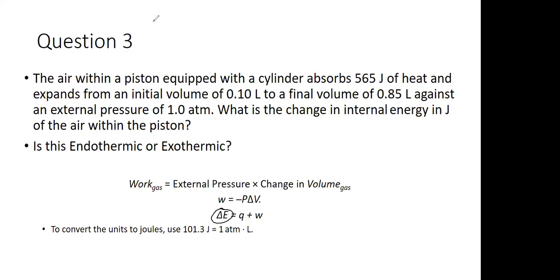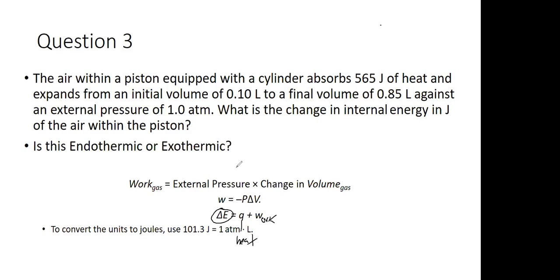So if you're not sure exactly what we're doing here, we want to calculate work first. So let's calculate work of the piston, because we have two things we need to calculate, right? We need to calculate work and we need to calculate heat. Remember, Q is heat, W is work.